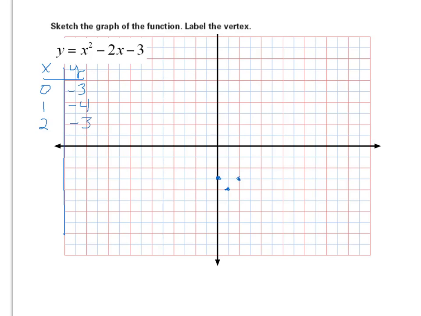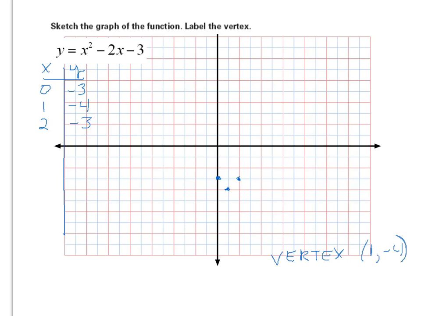So when that happens, and you're just plugging in numbers, and you get a symmetry point, because notice when x was 0, we also had a negative 3, then you know midway between those two points has to be the axis of symmetry. Which means right now, unless we made a mistake, we know that our vertex is that lowest point there, which happens to be 1, negative 4. So there's the vertex of our parabola.